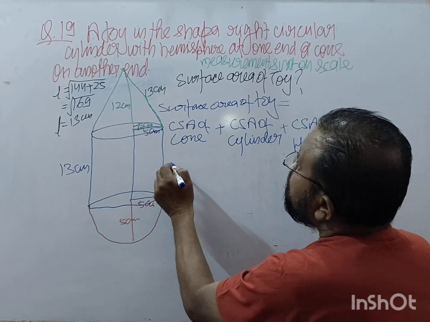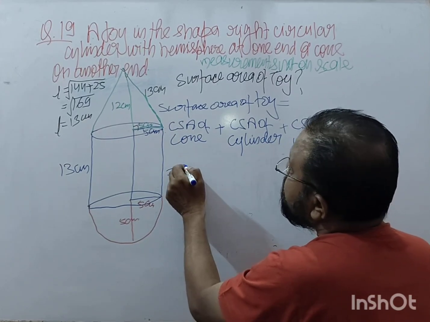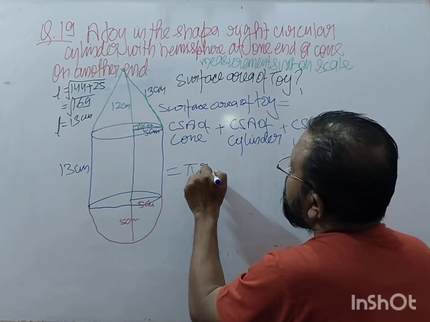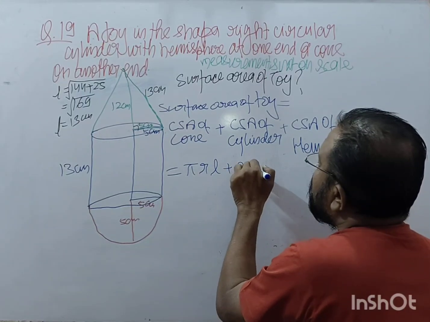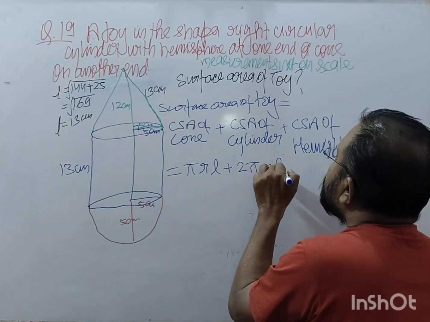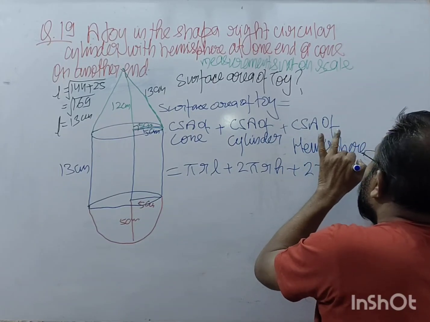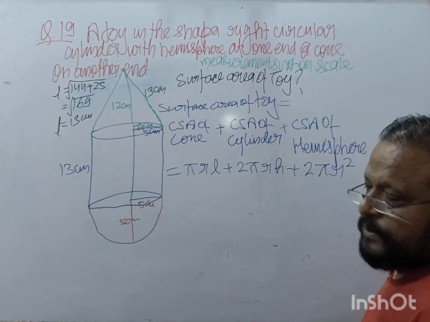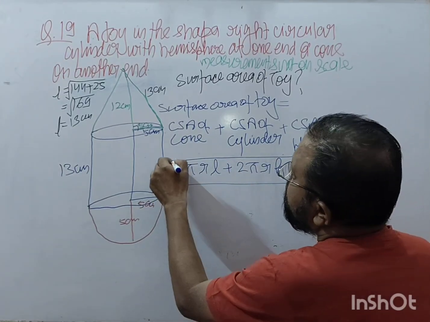Right? So this is how much? Cone is pi R L plus 2 pi R H plus 2 pi R square. Is it? This is the total surface area.